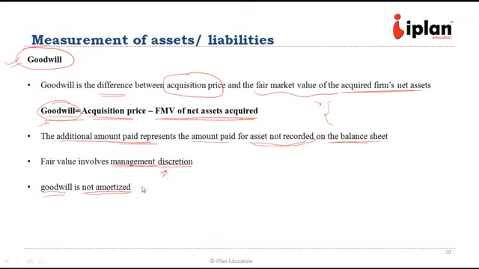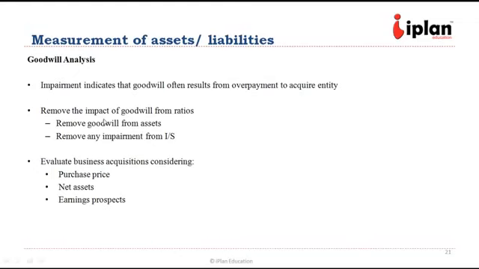And that is why we cannot amortize goodwill. Though it can be checked for impairment, it cannot be amortized. The impairment of goodwill indicates that it often results from overpayment in the case of acquisition of the entity.